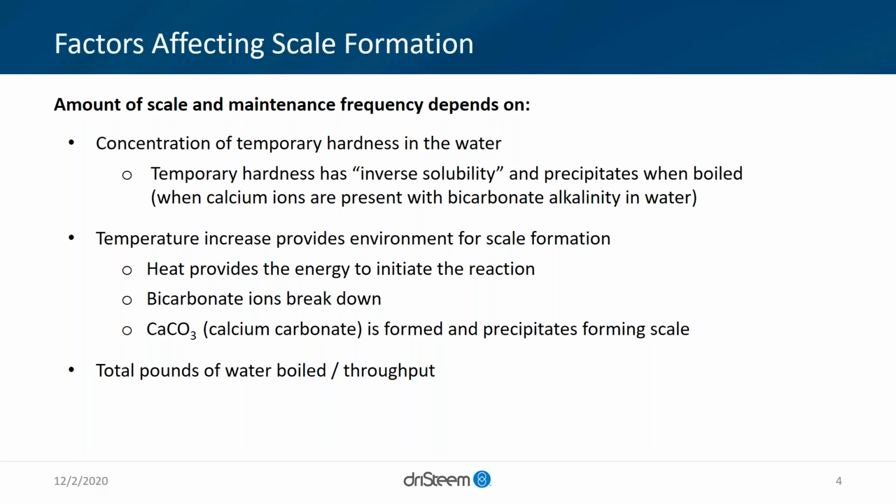It's easy to dissolve. Calcium carbonate's the opposite. As you heat it up with heat exchange processes or other process equipment, it's inversely soluble, so it wants to fall out of solution. As the temperature increases, it provides the energy to react. Scale is formed and precipitates out, typically on the hottest part of the system.